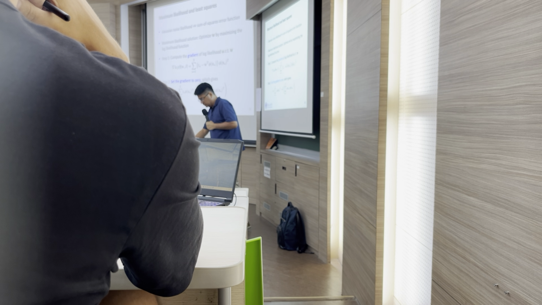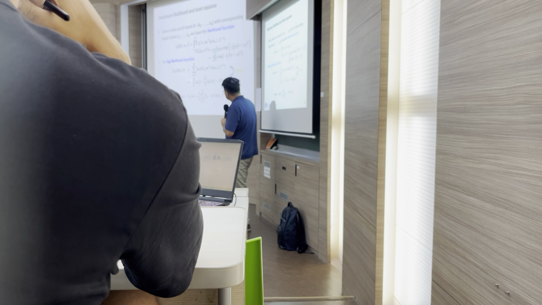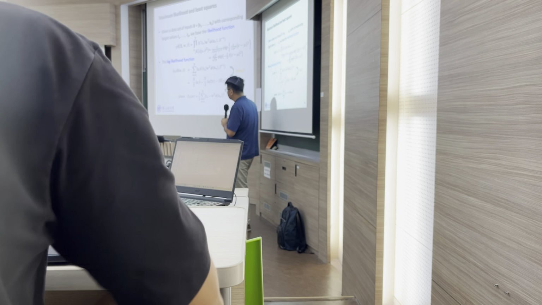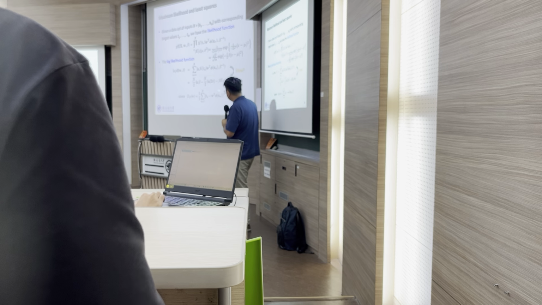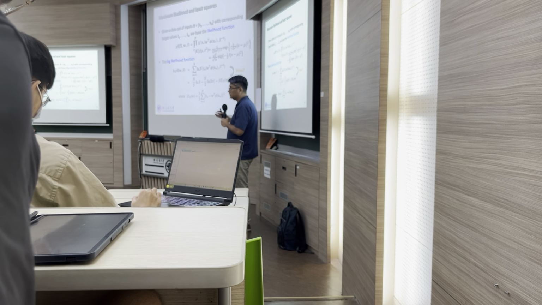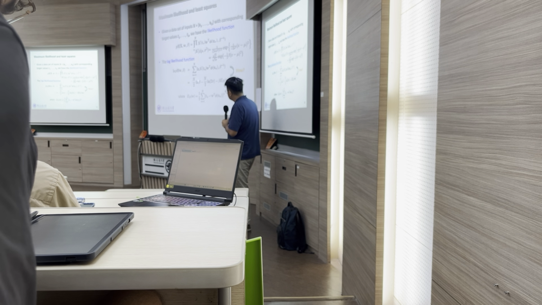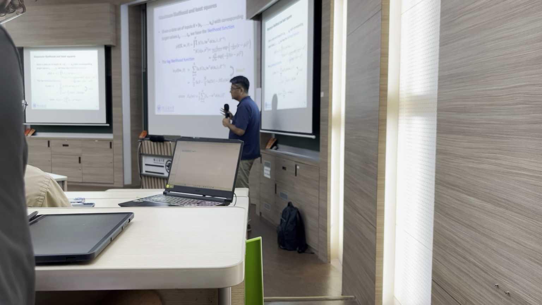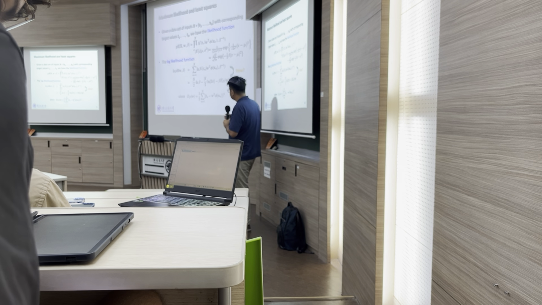Let me go back to the previous slide. So this is log likelihood. We want to calculate the gradient of log likelihood with respect to W. Since the first two terms are irrelevant to W, the gradient of the first two terms is zero.